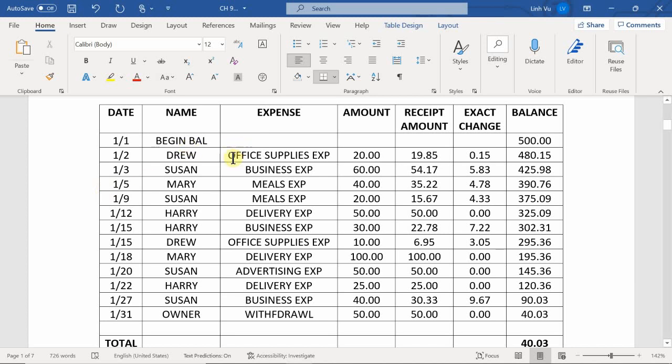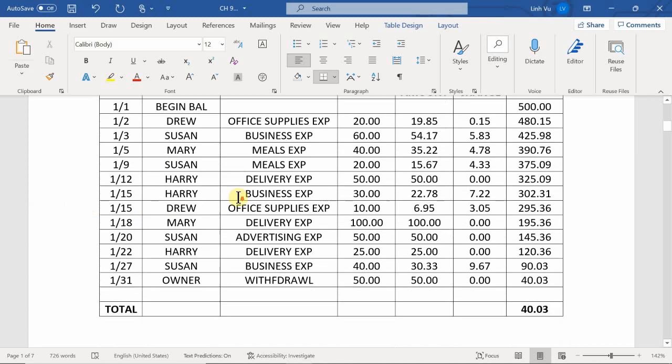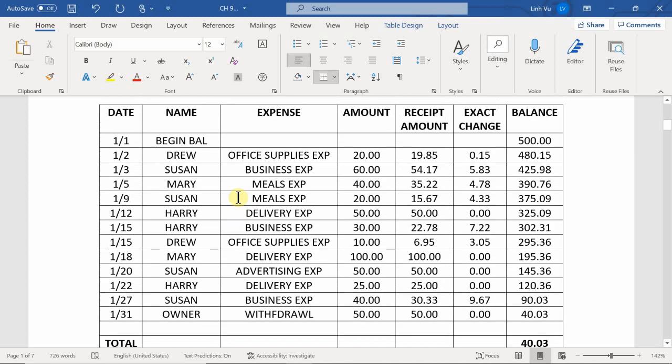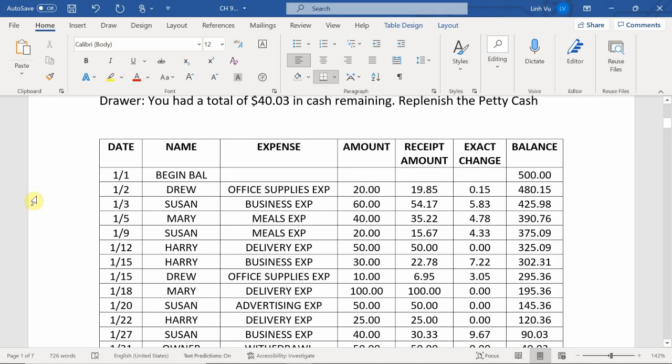Okay, now in this case, the receipts are specified. So the first thing that happened was Drew took some money to buy some office supplies expense, that was $20, and he came back with a receipt saying it was $19.85 and came back with 15 cents.